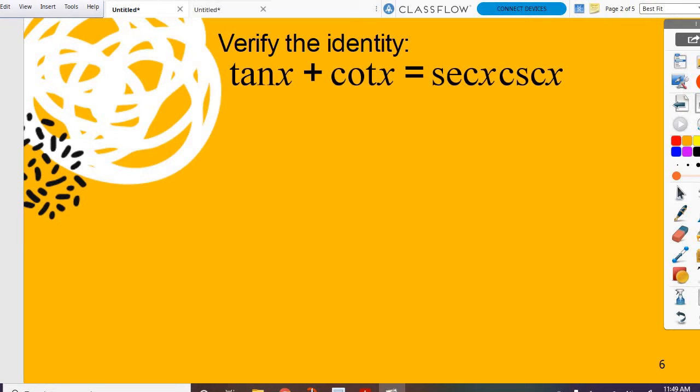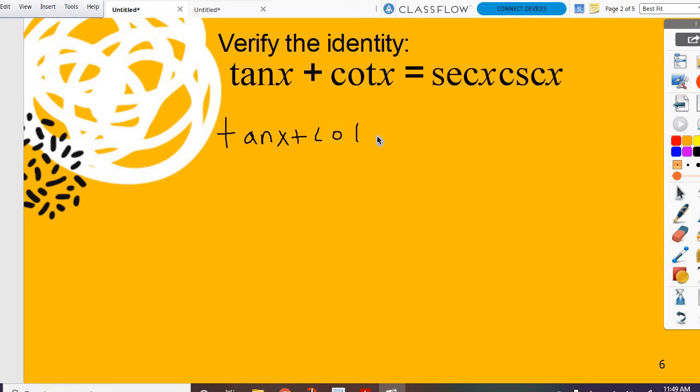They both have two trig functions, and they both only have one operation, so there's not a right or wrong answer. However, usually if I have addition, it's going to be easier to combine things than if I have multiplication and try to break those things apart. So usually if I have addition or subtraction, that's the side I start with. So we start with our left side.